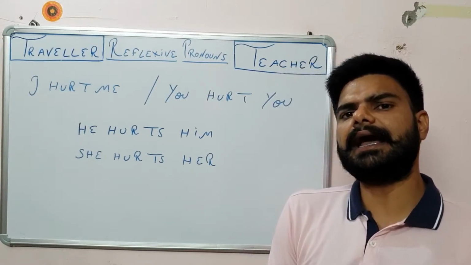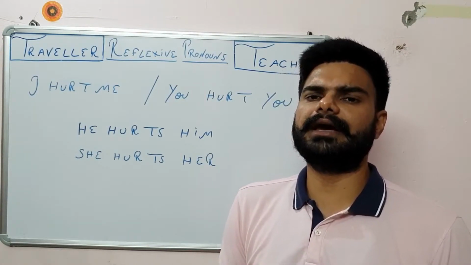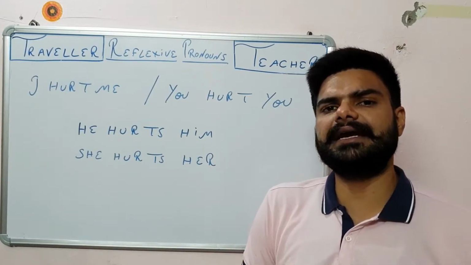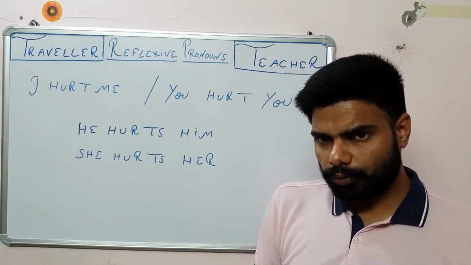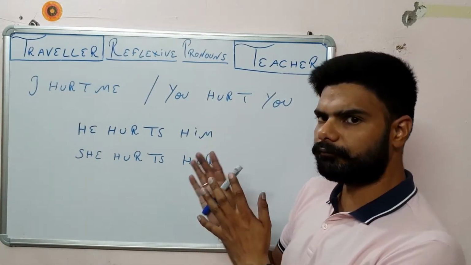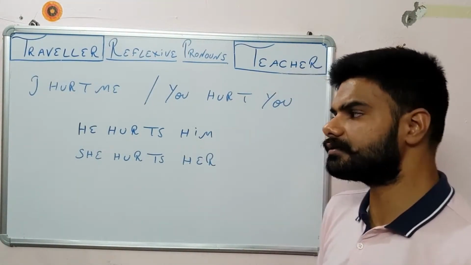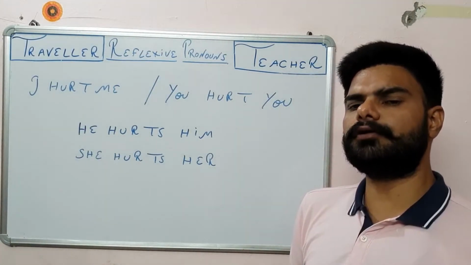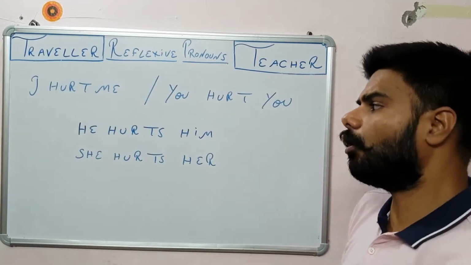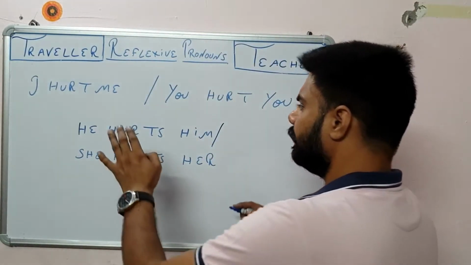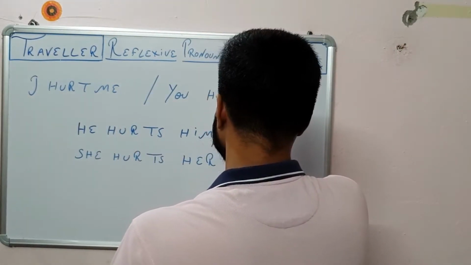Whenever we are having a conflict, or whenever we are less sure in English sentences, at that time we need a perfect rule. So this is decided in the English language: whenever a person is going to talk about his own self, we always use reflexives. So the right version over here is he hurts himself.